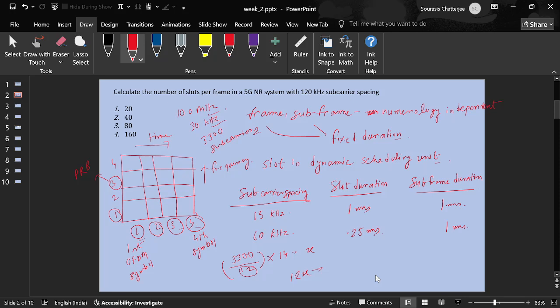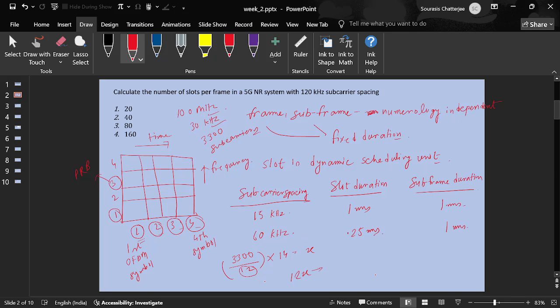Like you creating this table, right? Yes. So for 60 kilohertz, 0.25. So in 1 millisecond we have four slots. So in 10 milliseconds, 40 slots. When it becomes 120 kilohertz, 40 becomes 80.